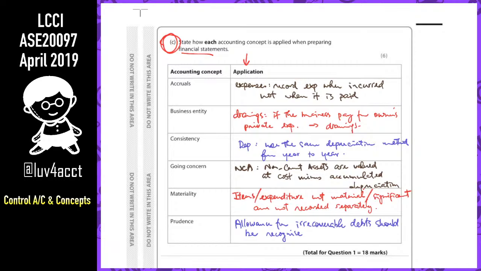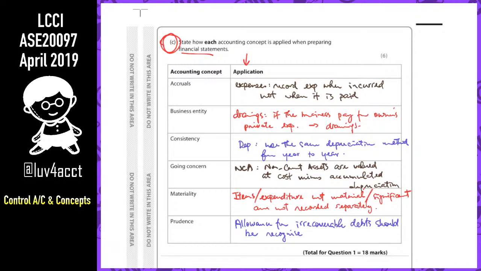But if you look at the mark scheme, the suggested answer actually gives explanation instead of how it is applied. If you are interested, you can go and look at the mark scheme.